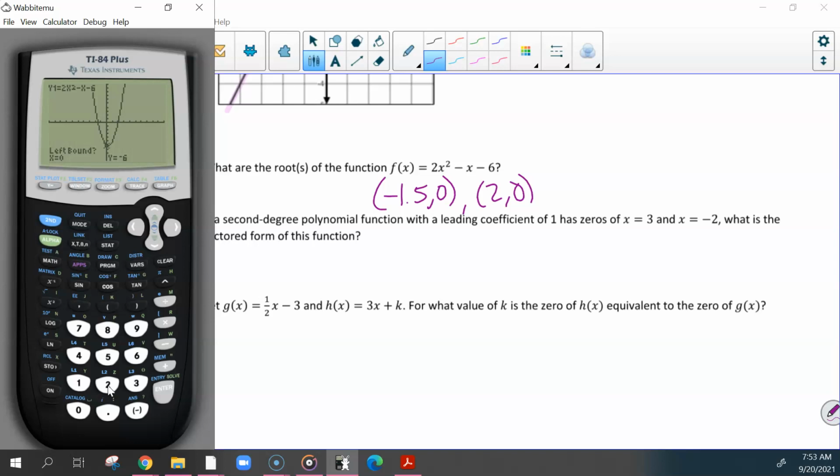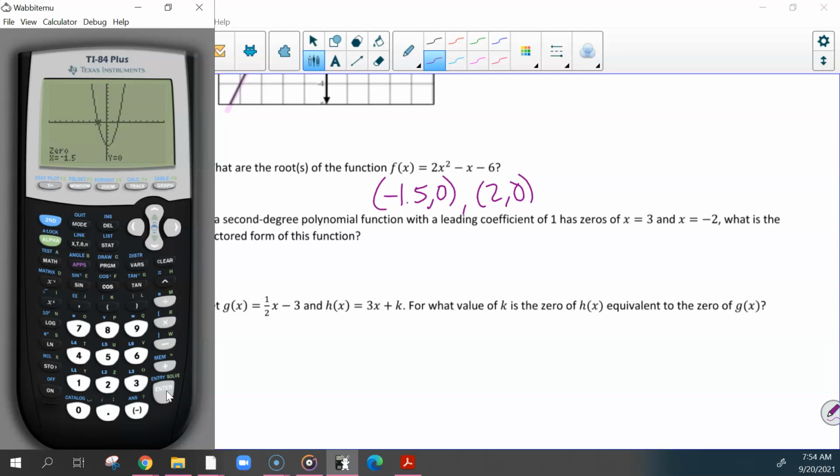So if I'm looking for this one, I would say the left bound would be something over here, so I could say like -3. I'm going to put this blinker here, and then I want the right bound to be somewhere on the right of it, so I can say like 0. If I wanted to guess, I don't, so I would just hit enter, and it would tell me in between those two numbers is the 0 of -1.5.